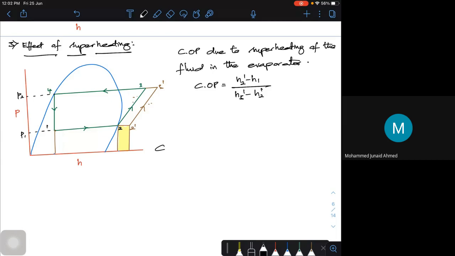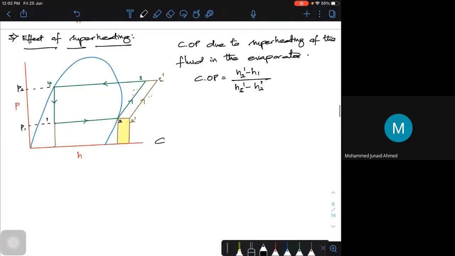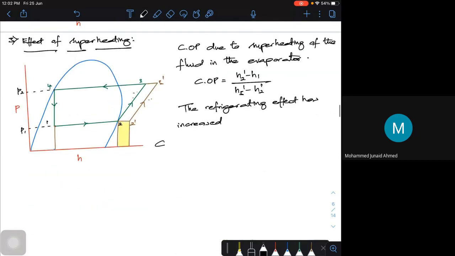Now one thing I can tell, the refrigerating effect has increased, and the work requirement may also be slightly increased, or the work requirement may remain the same.